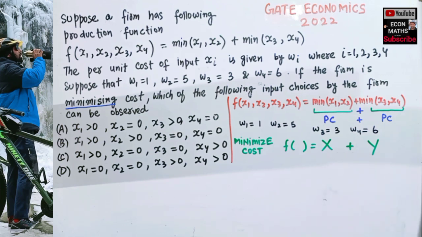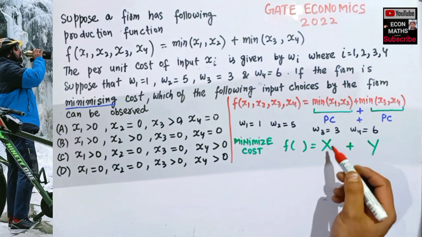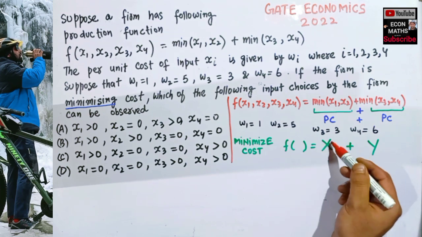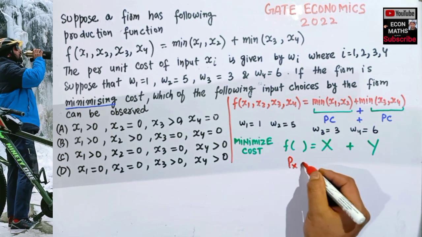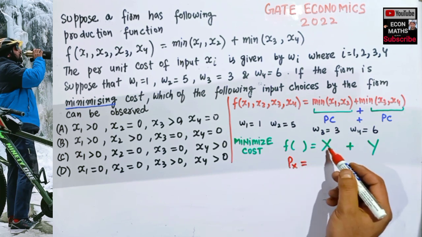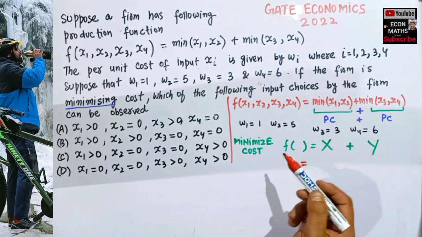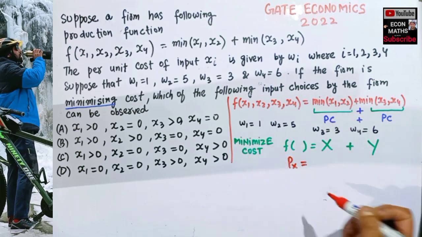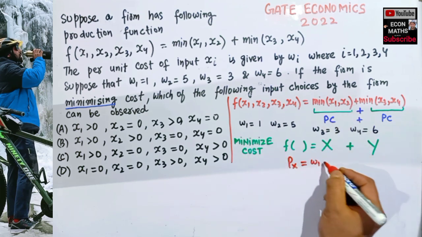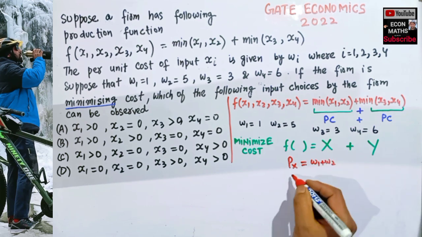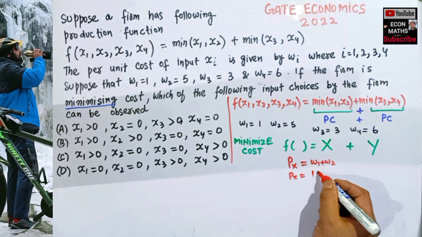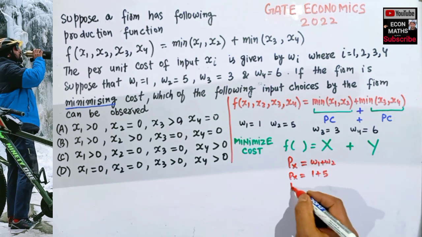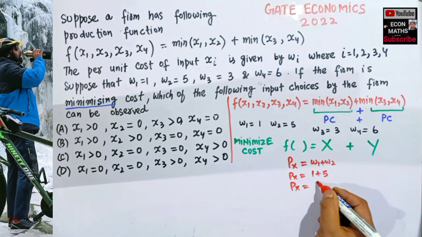Now what is the cost of producing X? Let us denote it by px. X denotes the minimum of x1 and x2, so the cost will be equal to w1 plus w2. That means px is equal to 1 plus 5, which comes out to be 6.